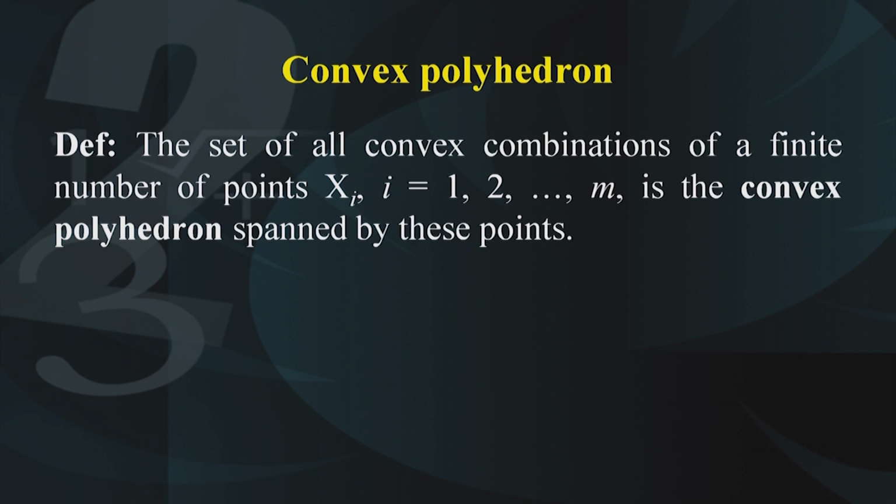Another concept related to convex sets is the definition of a convex polyhedron. It is defined as follows: the set of all convex combinations of a finite number of points x1, x2, ..., xm is the convex polyhedron spanned by these points.